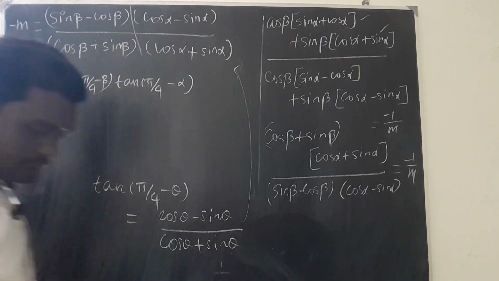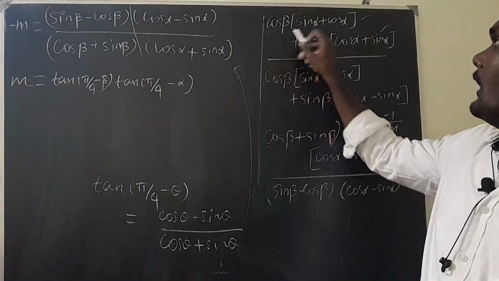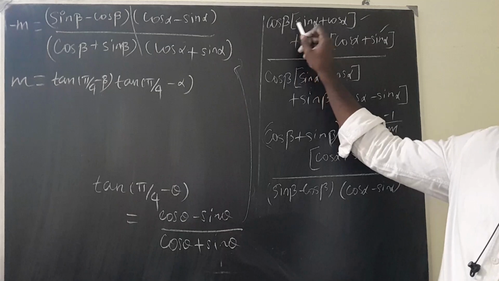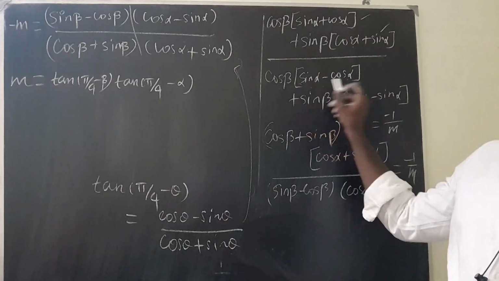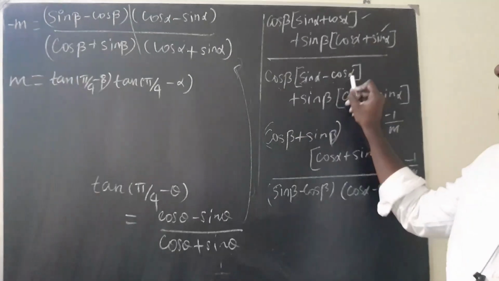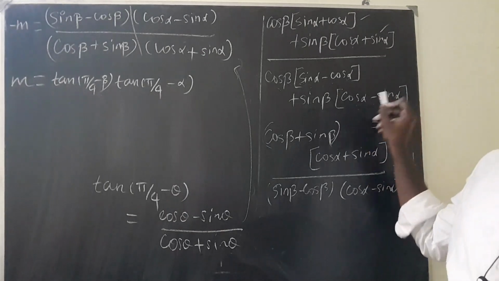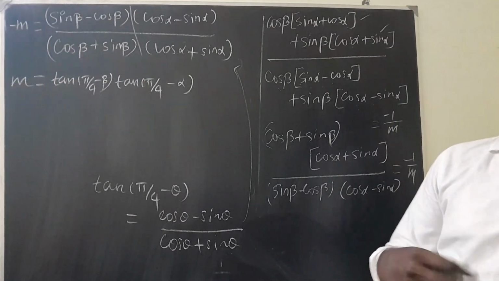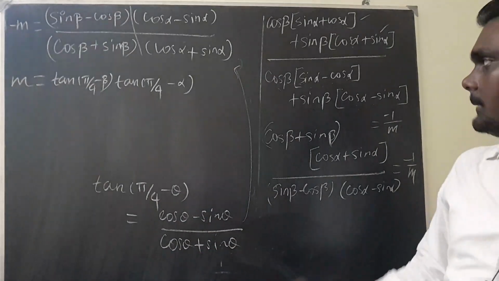See here, after applying the formula, I took common things out. Cos beta taken as common, here sin beta taken as common. So same in the denominator. While taking cos beta as common, I have sin alpha minus cos alpha. The same sin beta as common, cos alpha minus sin alpha, as derived in the previous step. Okay.